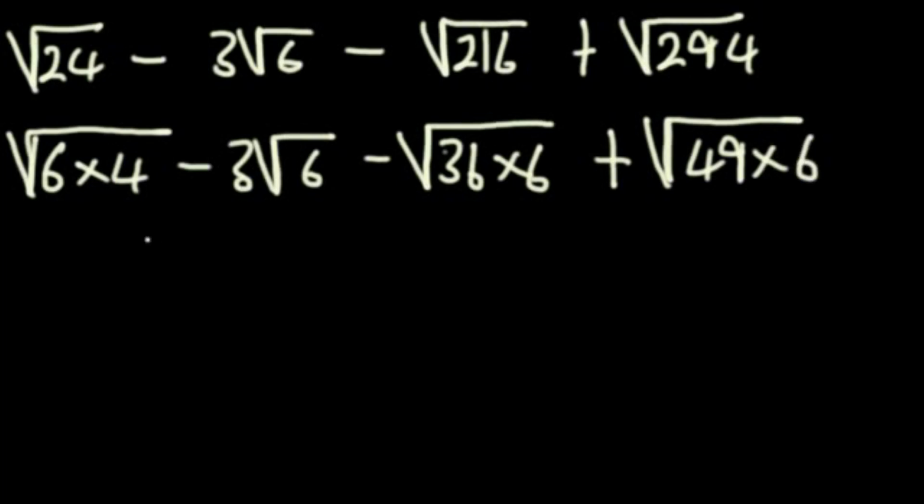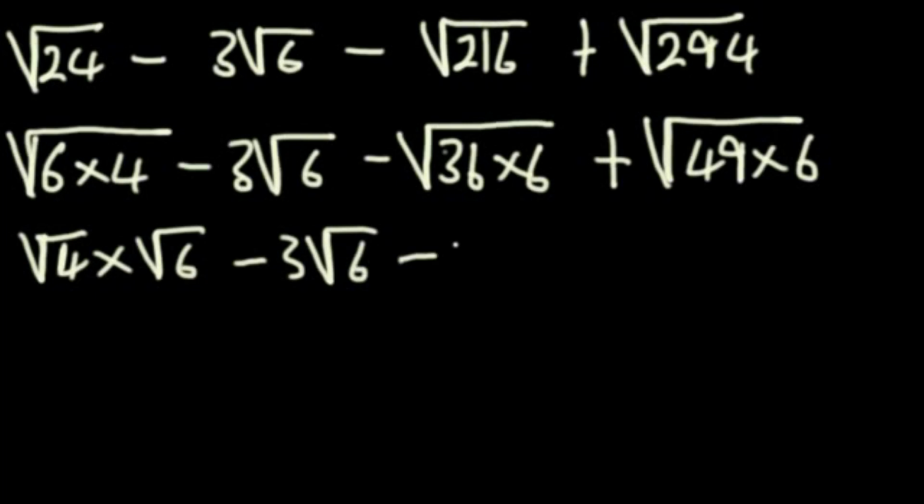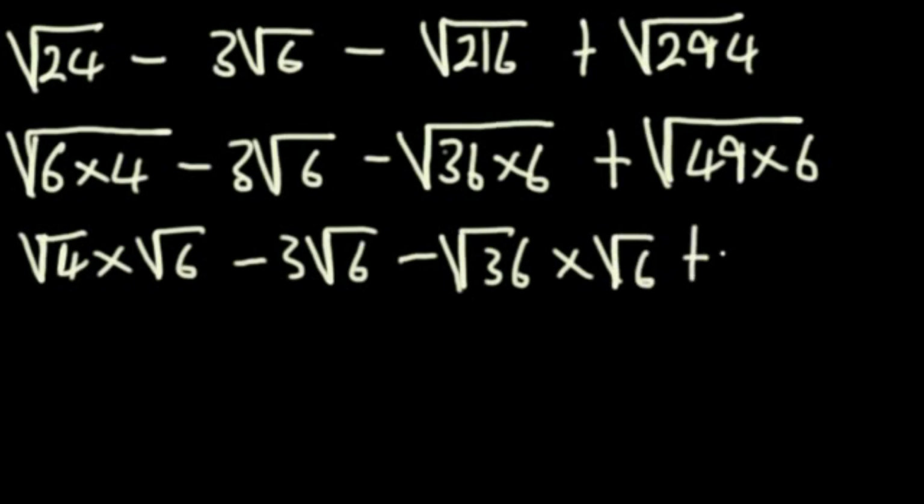Now, just like what we did earlier, we can split this into two forms. So we can have square root of 4 times square root of 6, minus 3 root 6, minus square root of 36 times square root of 6, plus square root of 49 times square root of 6.